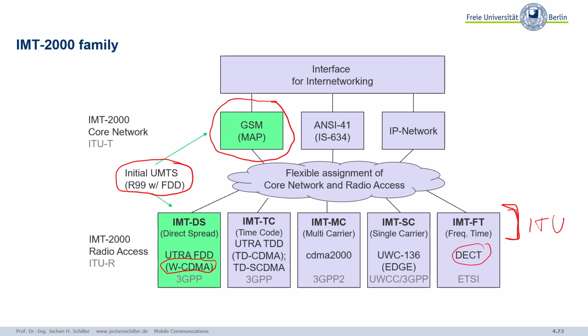For example, UTRA FDD, that's the Universal Terrestrial Radio Access using FDD, or UTRA TDD, both UMTS technologies using different duplex schemes based on different multiplexing technologies. But you see, this is a key characteristic of many of the 3G technologies. They use CDMA. CDMA, we talked about this as a multiple access and multiplexing scheme. This is why Nokia and Ericsson needed many of the patents from Qualcomm in this example.